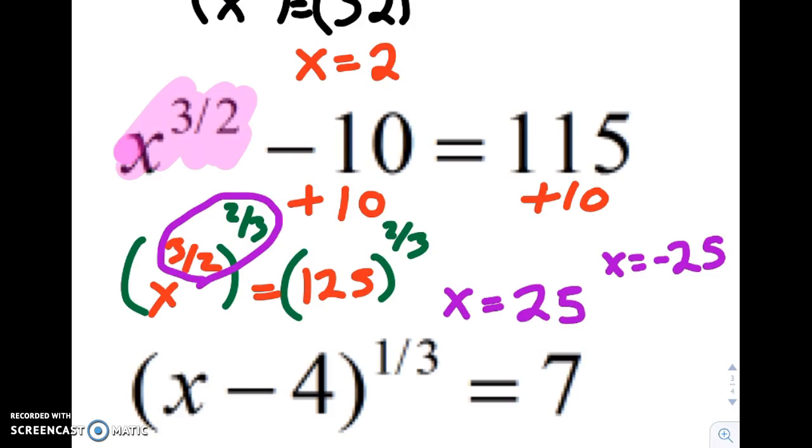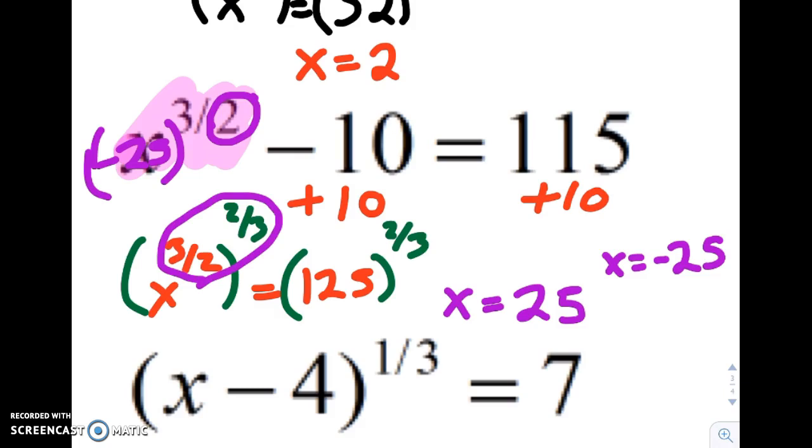Well, in this situation, actually it doesn't matter, because no matter what, if you were to put a negative 25 in for x here, okay, if I were just to take a negative 25, and if we were to take the square root first, if we were to do the 2 first, we would have an undefined answer there. There is no square root of negative 25.